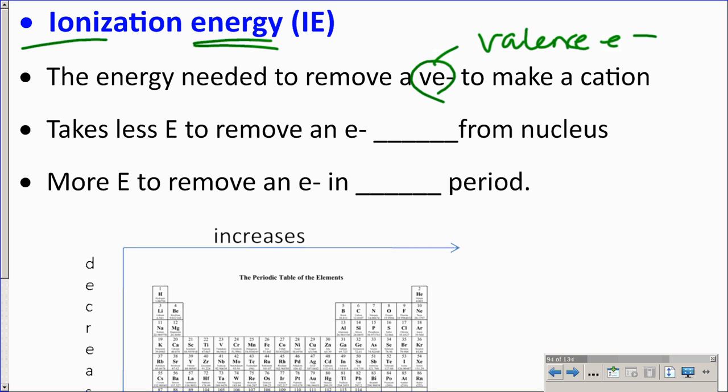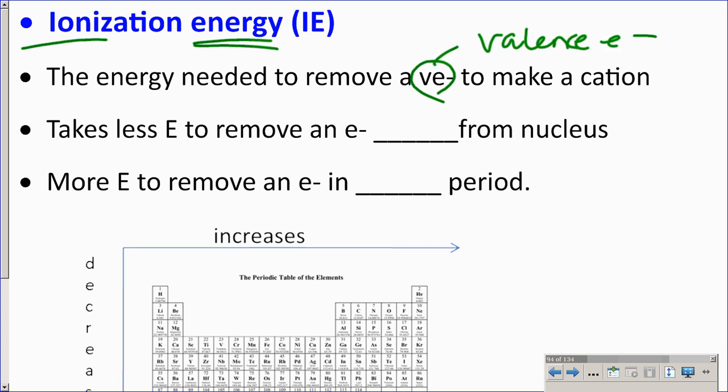You're referencing the atomic radius and Coulomb's law at the same time, right? Because you're saying the farther away the electron is, aka the larger the radius, the lesser the force of attraction between the nucleus and the electron.